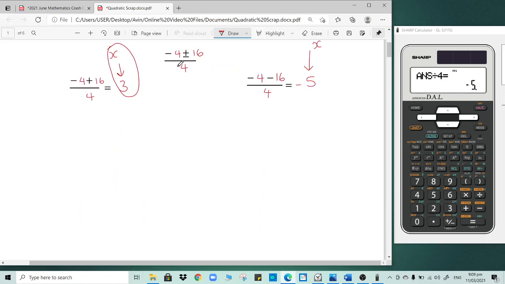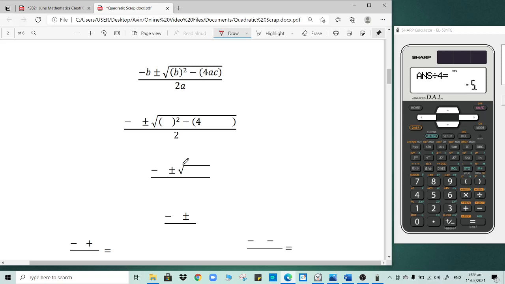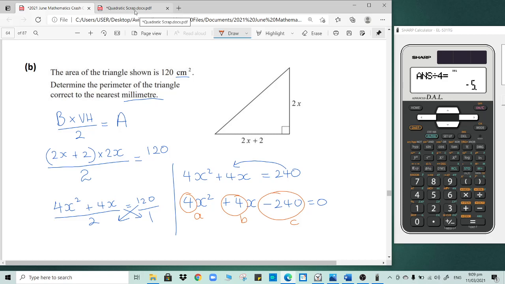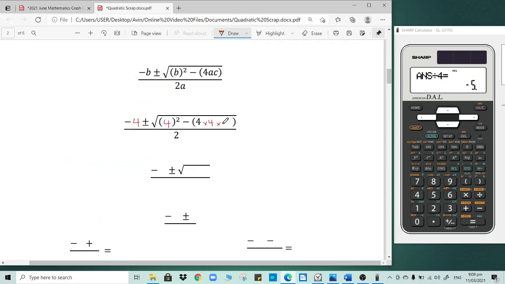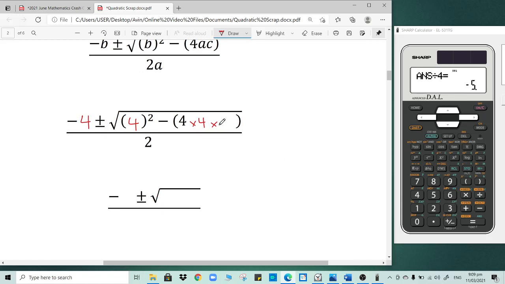Let's go to the quadratic formula again and substitute in the values. b is 4, so anywhere we see a b, put a 4. a is 4, but c, if I'm not mistaken, is minus 240. So I'm going to have to squeeze this in here. Let me zoom in so it won't look too bad. Minus 240, and a is 4. So let's work out the piece underneath the square root sign quickly.